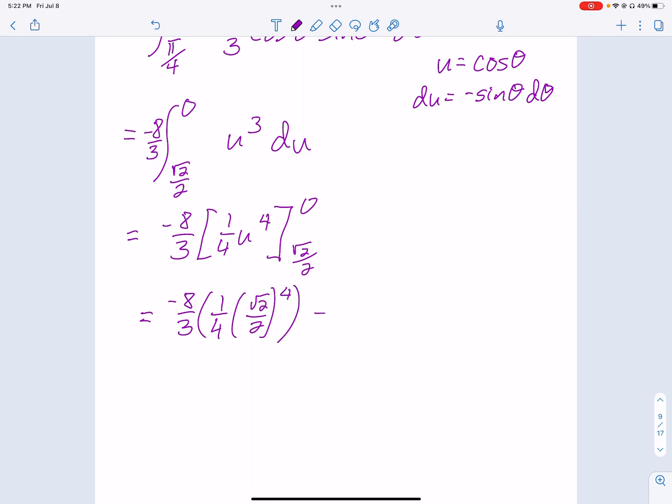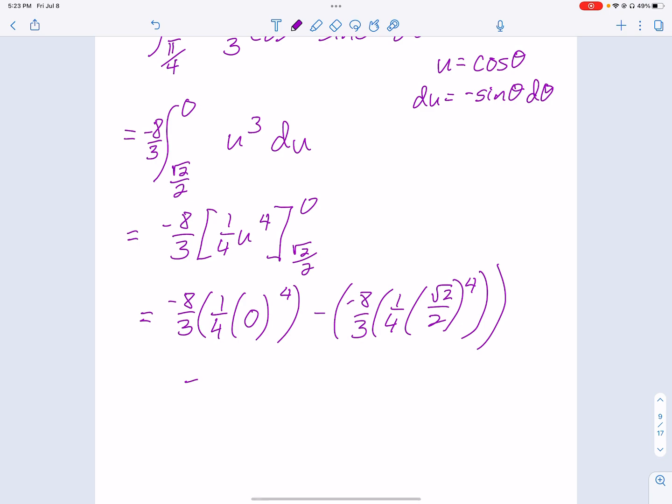Minus, if I plug in, oh wait, we should have plugged in 0 first. So first one is 0, minus negative 8 over 3 times 1 over 4 times rad 2 over 2 to the 4th. The first term, that's all 0. The second term, once you work all that out, I believe you get 1 over 6.